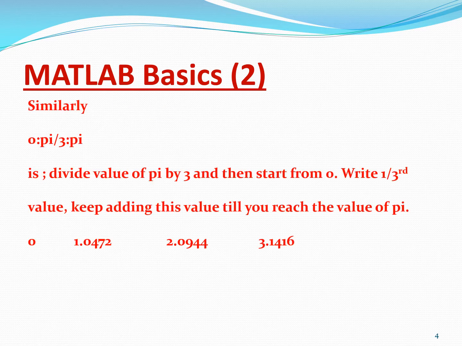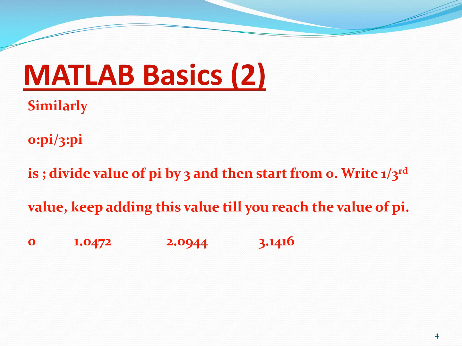Similarly, if we write 0:pi/3:pi, that means pi has to be divided by 3, and then we start from 0 and keep adding this value till we reach the value of pi. So 0, 1.0472. Now this 1.0472 is what you get when you divide the value of pi, which is 3.1416, by 3.